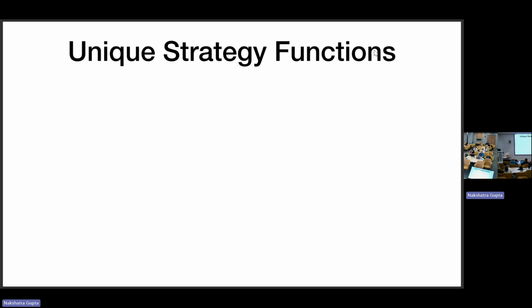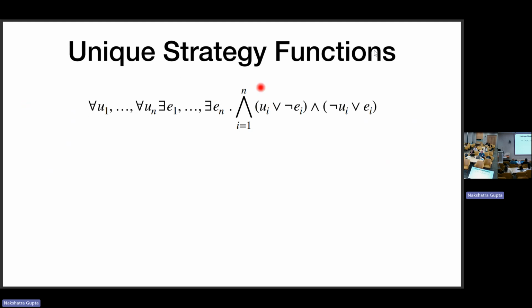The motivating example is the formula: for all U1 to UN, there exists E1 to En so that Ui and Ei are equivalent. Here it's written as a CNF formula, so this just says Ui and Ei have to have the same value.